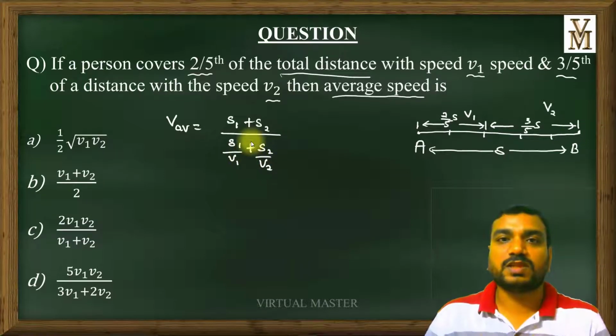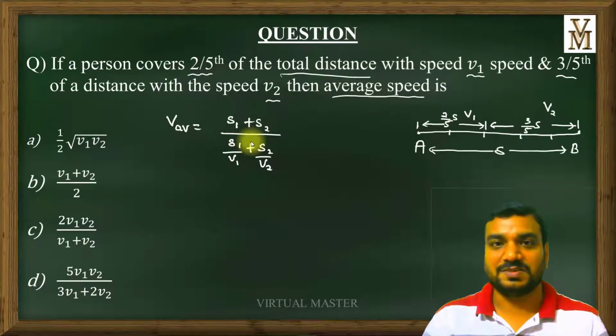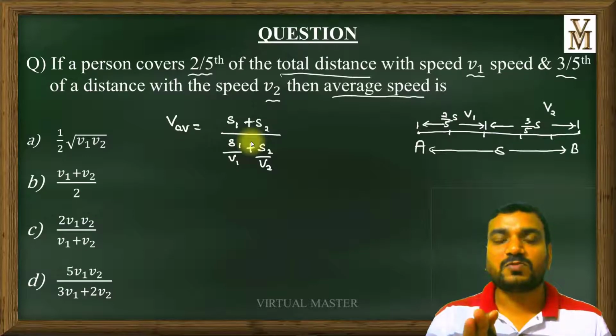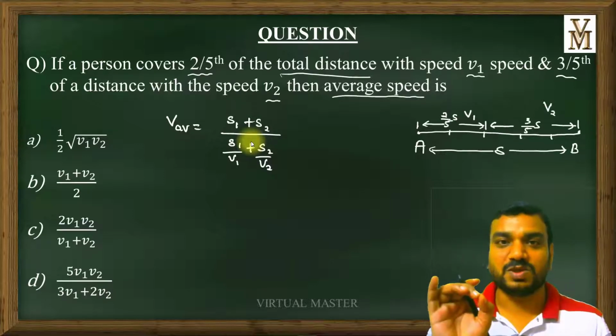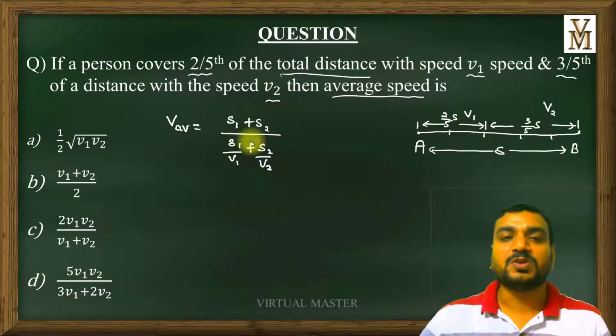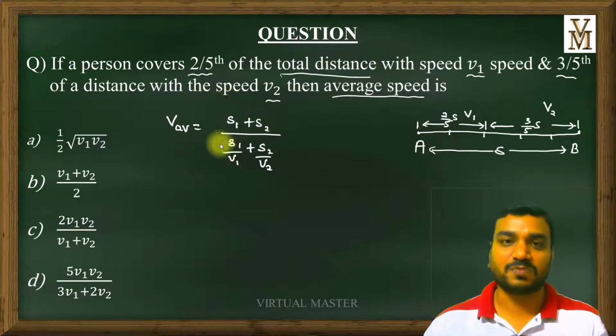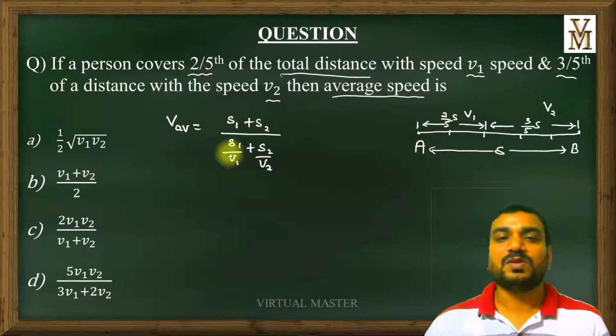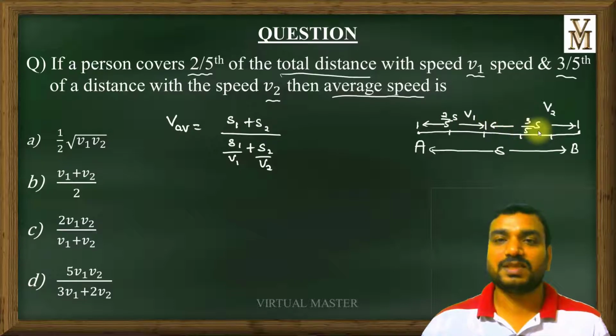This is the formula that we derived in the previous session. If you have not watched our previous session, then watch it first, because for better understanding you should know how I have written this formula. Here S1 is nothing but 2/5 S and S2 is nothing but 3/5 S.